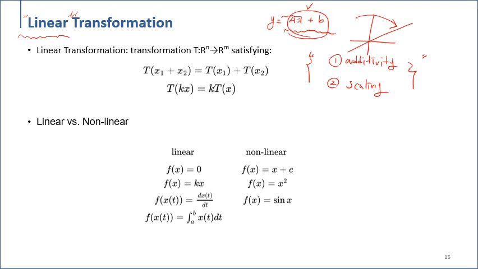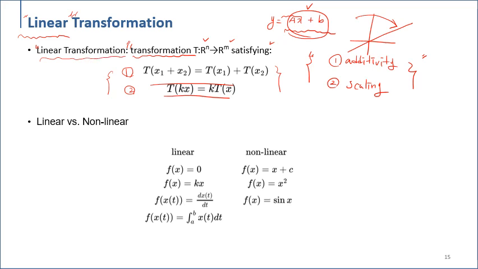So when we are talking about a linear transformation, this also means a transformation from one vector to another vector, but this should satisfy the following two conditions of additivity and scaling. So a transformation that satisfies the following two conditions, we are going to call a linear transformation.